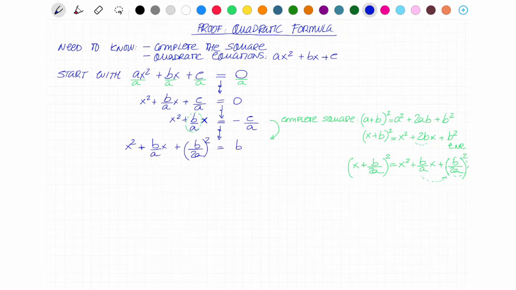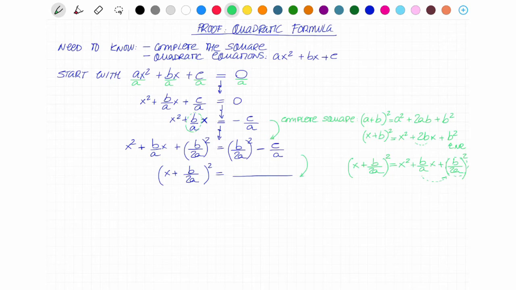Well, of course, if I've got it on one side, I need to put it on the other to keep everything balanced. So I'm going to put it in the front because we've got a minus there. That means that in this side, I will have a perfect square of x plus b over 2a. And in this one, we're going to try to leave everything with the same denominator.